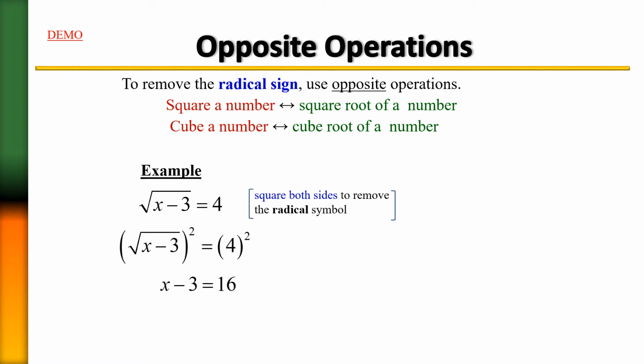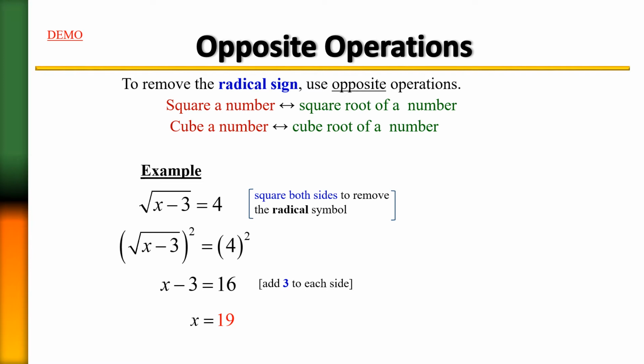One last step to solving this equation is to do what? That's correct. You have to add 3 to each side, and your answer x equals 19. Now that's the whole point of solving a radical equation, is you're solving for x. So my solution is 19. Well, at least we need to check and see if it's 19. That is the last step in the process, is to always check your proposed solutions.